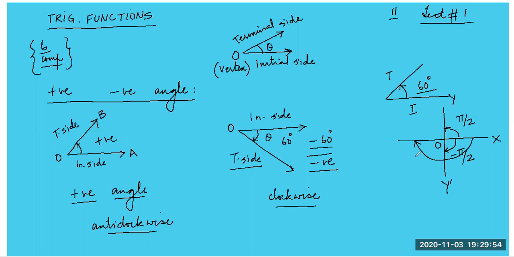If OX is the initial side and OX dash is the terminal side, this angle will be minus pi. Correct. And if I am taking angle from OX to OX dash in anti-clockwise direction, it will be pi angle, right? So you should know this.